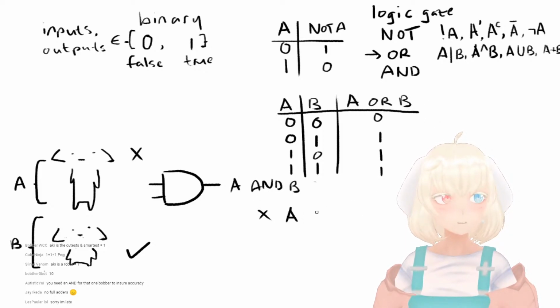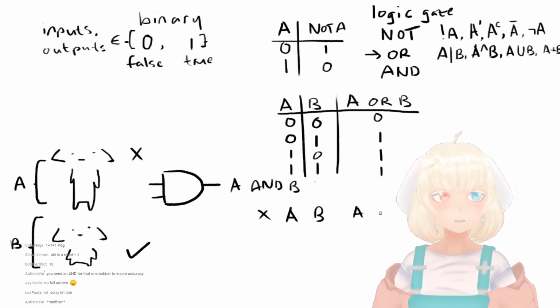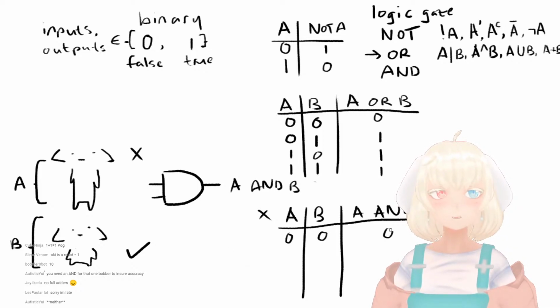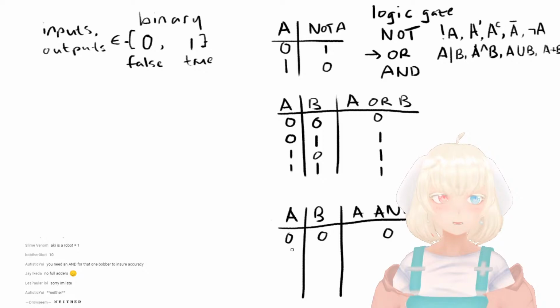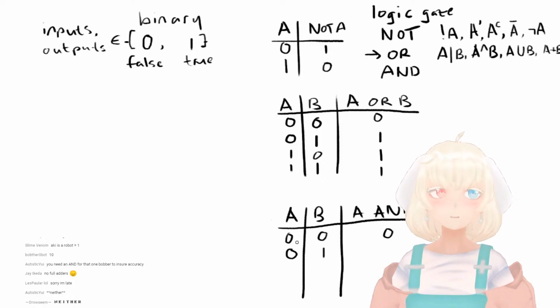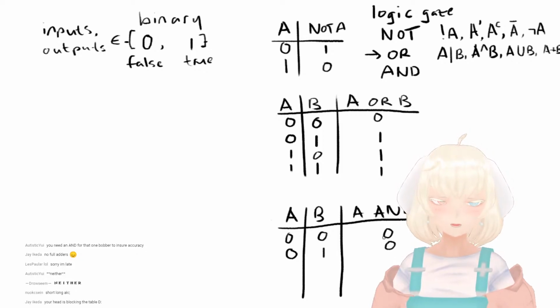And so and can be written like this. The table A, B, A and B. So obviously if we have A is false and B is false, then both are just false. We can get rid of this part over here. If A is false and B is true, so if Aki is tall and Aki is a robot, that's still false, right?